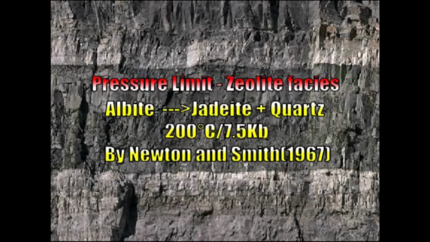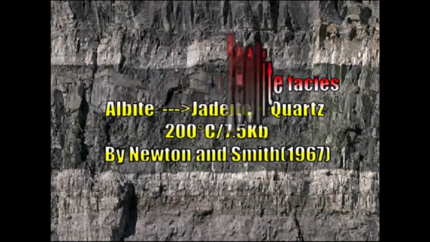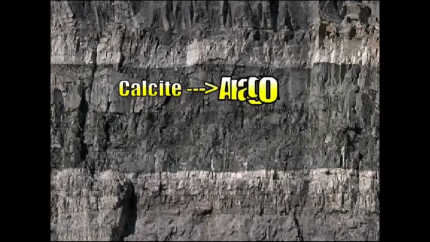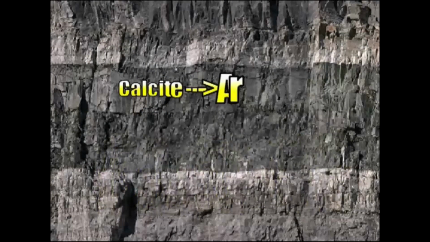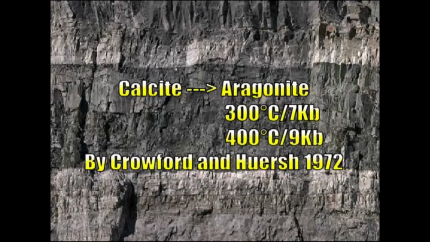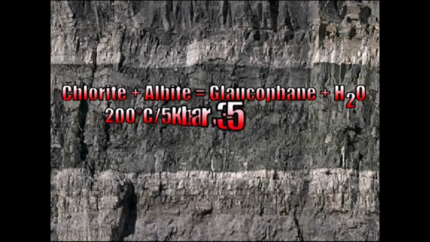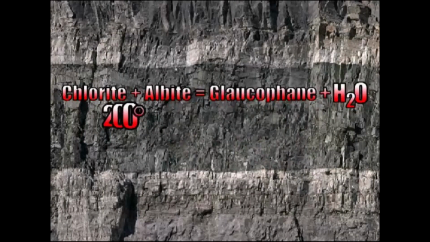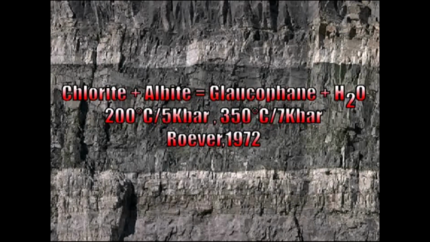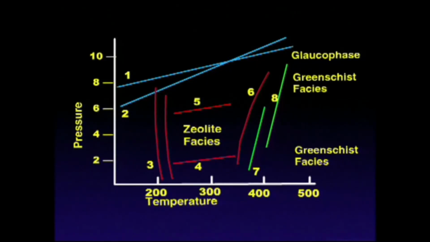The second reaction is calcite changing into aragonite at 180 degrees centigrade 5 kilobar, 300 degrees centigrade 7 kilobar, 400 degrees centigrade 9 kilobar, by Crawford in 1972. Another reaction is chlorite plus albite giving rise to glaucophane plus water at 200 degrees centigrade 5 kilobar, 350 degrees centigrade 7 kilobar, by Brown in 1972.